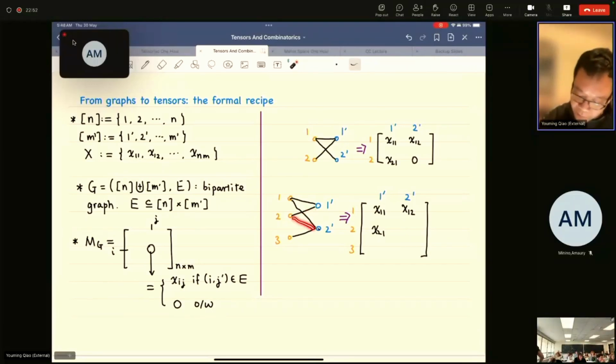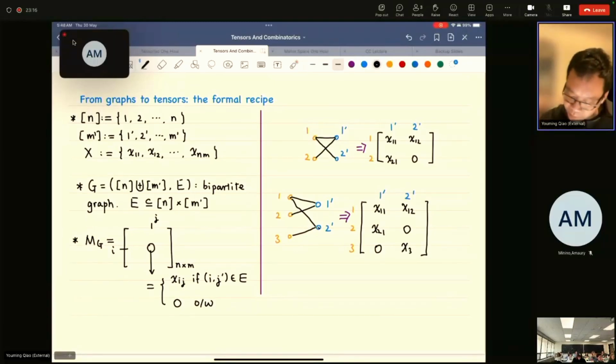But for 2, 2 prime, there is no edge, right? So you put 0 here. And then for 3, 1 prime, because there is no edge, you put 0 here. And then for 3, 2 prime, because there is this edge, you put x32. Okay, so this is just what you do to construct a matrix of linear forms starting from a bipartite graph.